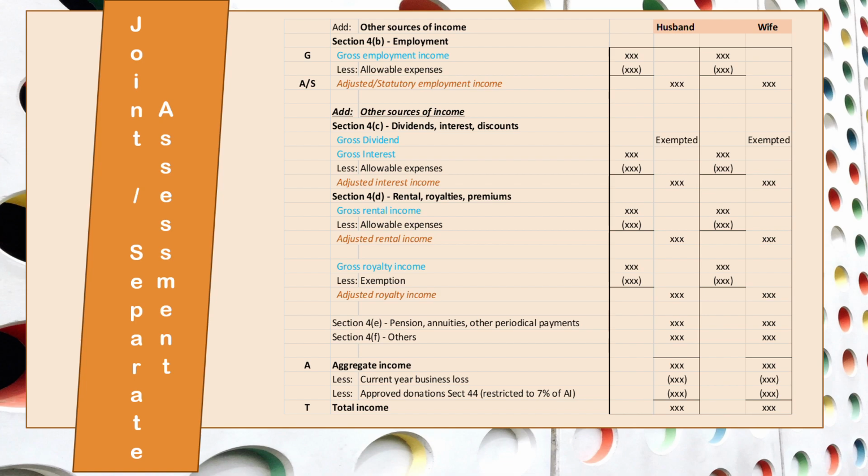Alright, when would you go for joint assessment? You will go for joint assessment in the case where the husband is working and the wife is not working, or the wife is working and the husband is not working.